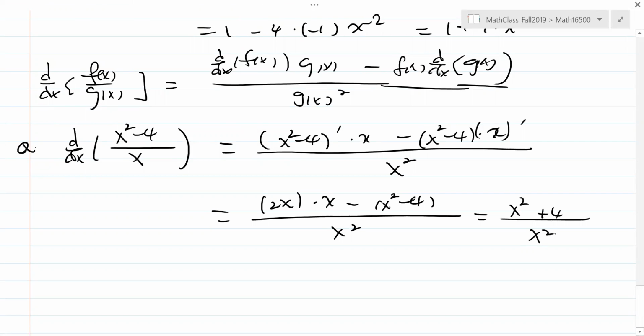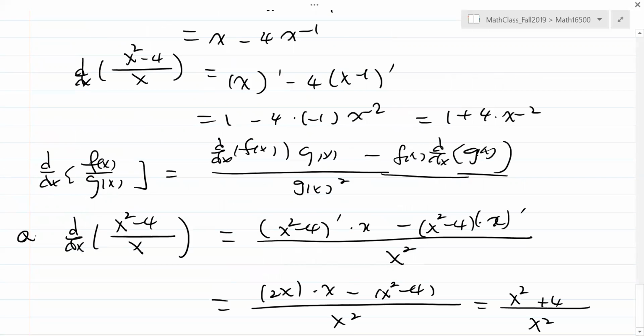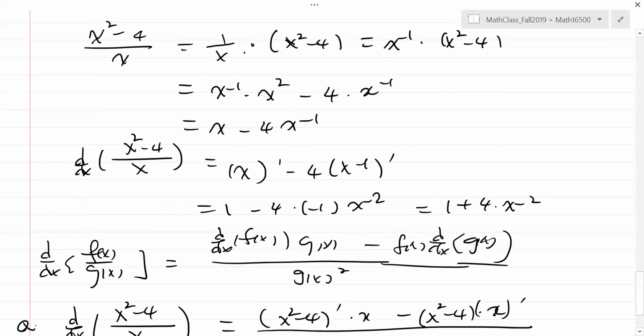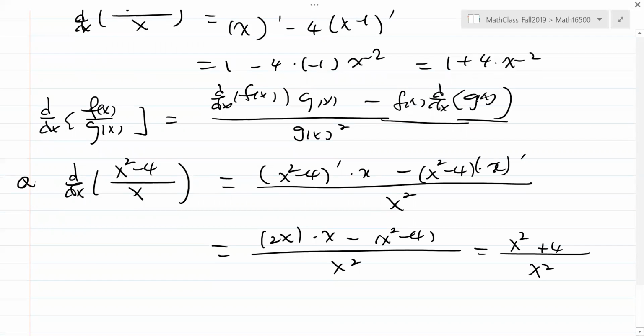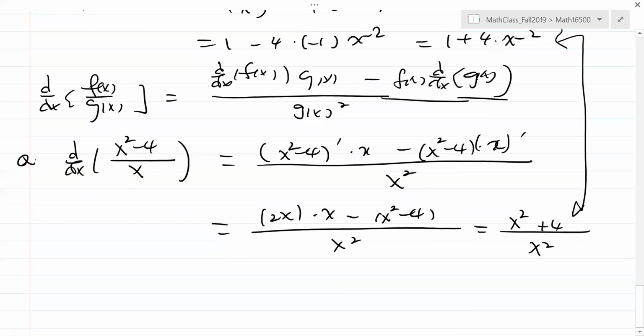Did we get the same answer? Let's look. Yeah, we get the same answer. Those two are the same. Why is it the same? It's x squared over x squared plus 4 over x squared. The first term is 1.